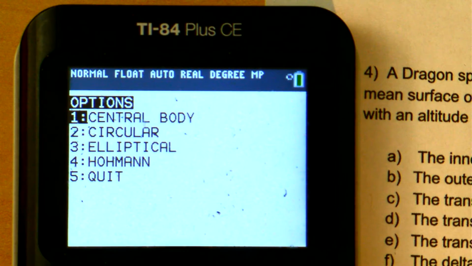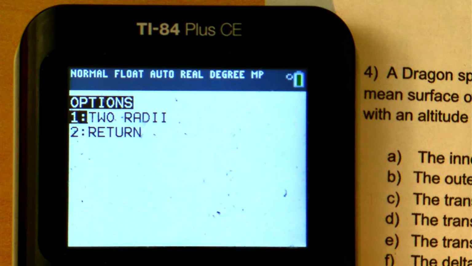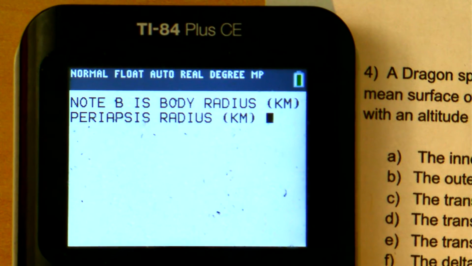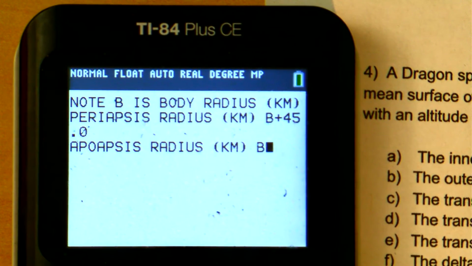A little feature I added to my program. I'm going to do a Hoffman transfer, and I'm going to enter the 2 radii. So the first one is the radius of the body plus an altitude of 45 kilometers. The apoapsis radius is the radius of the body plus an altitude of 315 kilometers.